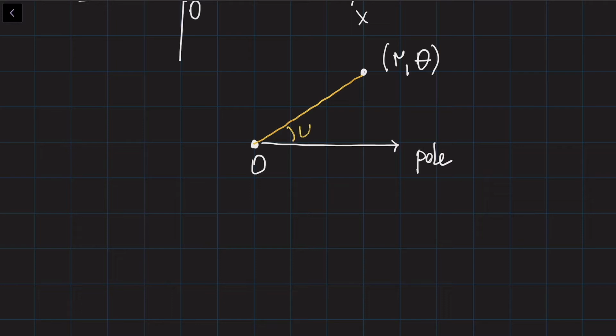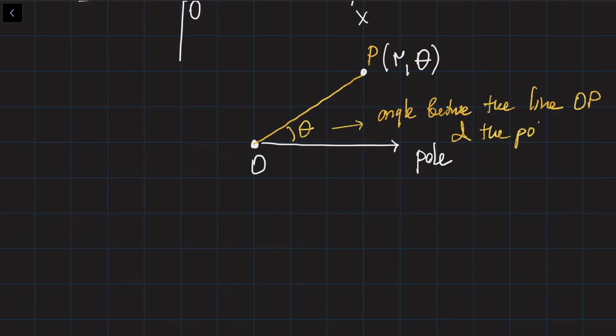So this is going to be theta. So let me denote this point as P. And at the same time, r is going to be the distance, or the modulus of r is going to be the distance between the origin and P.